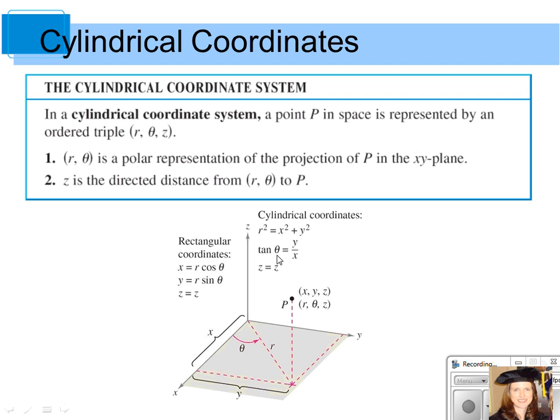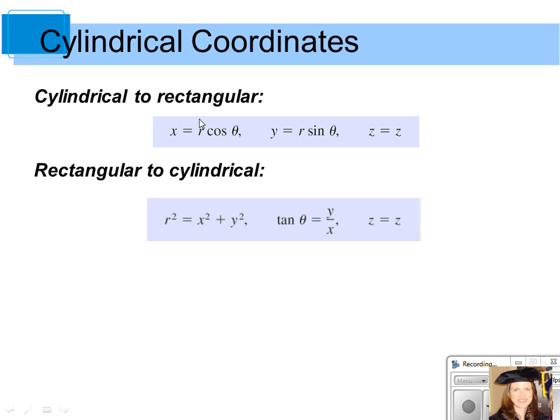So you would find the inverse tangent of y over x to find the angle theta. Again, these are the conversions. Cylindrical to rectangular: x equals r cosine theta, y equals r sine theta, and z equals z. From rectangular to cylindrical: r squared equals x squared plus y squared, tangent theta is equal to y over x, and z equals z.